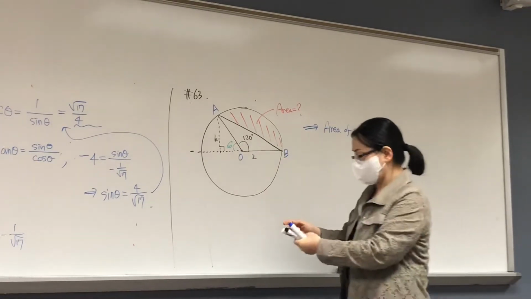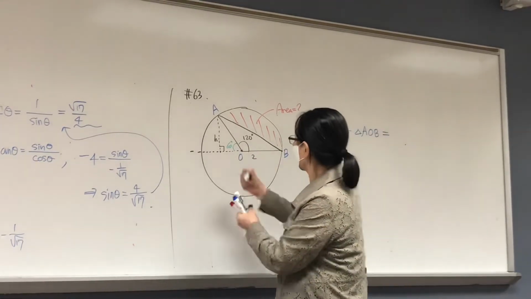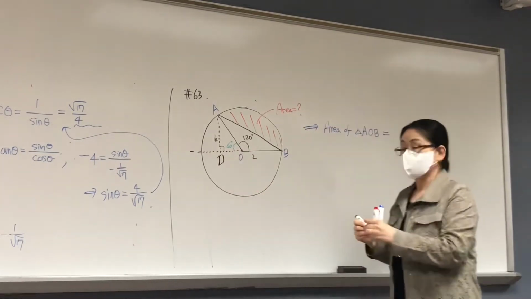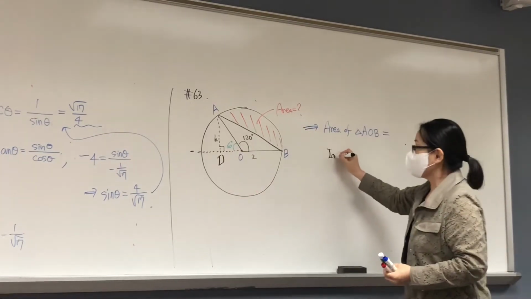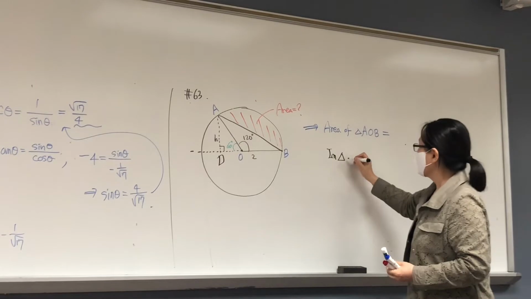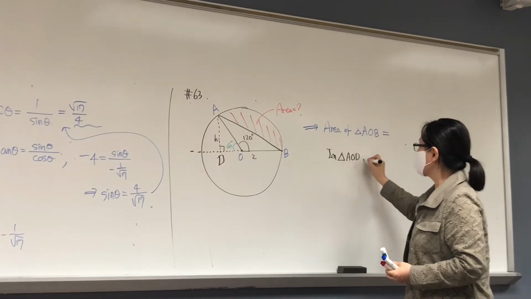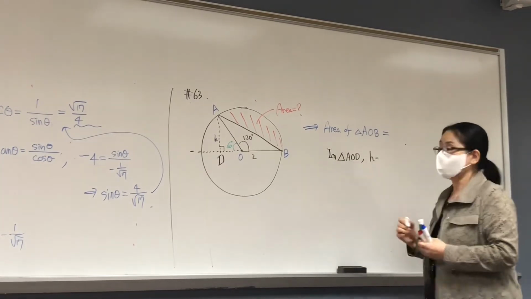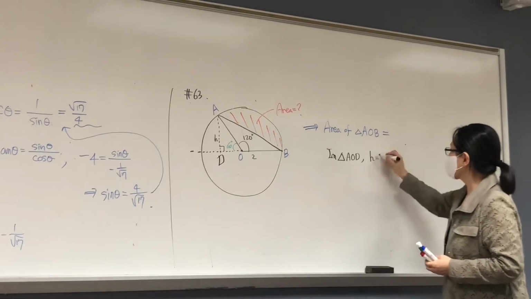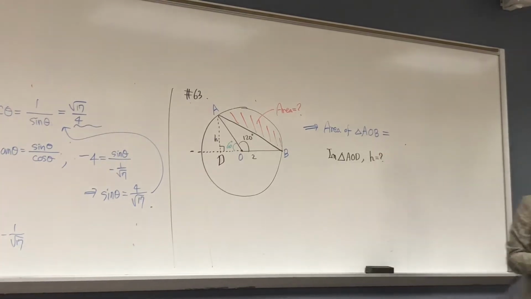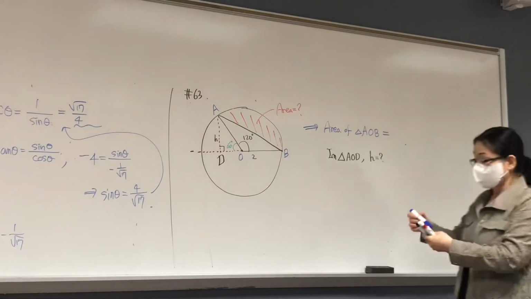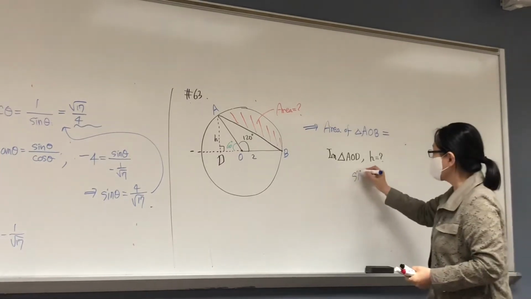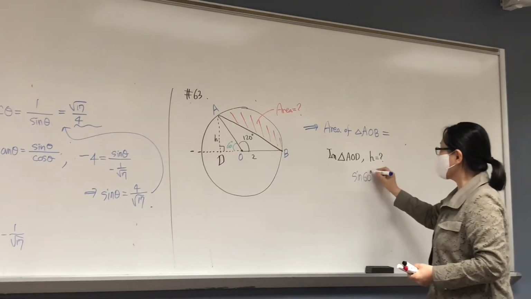Let's say this triangle is AOD. How do you find h? You did it right before. Yeah, sine of 60. Very good.